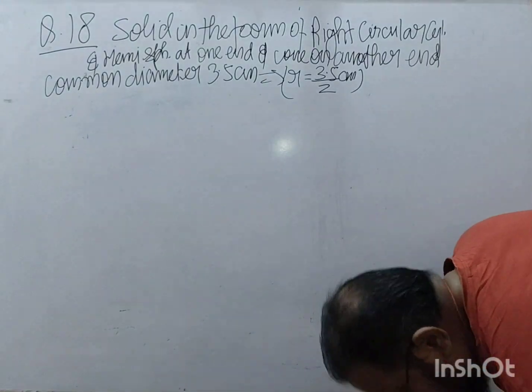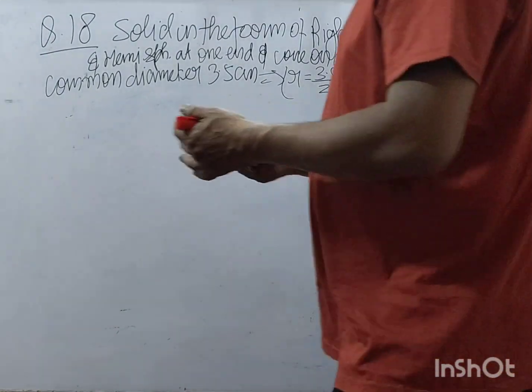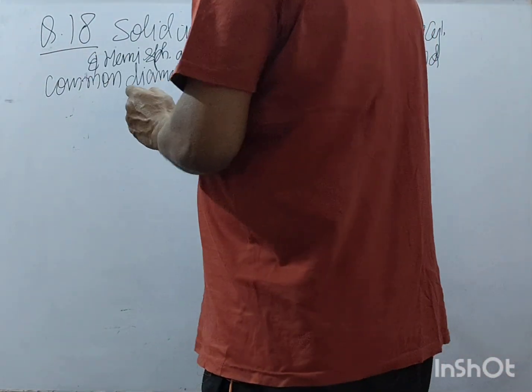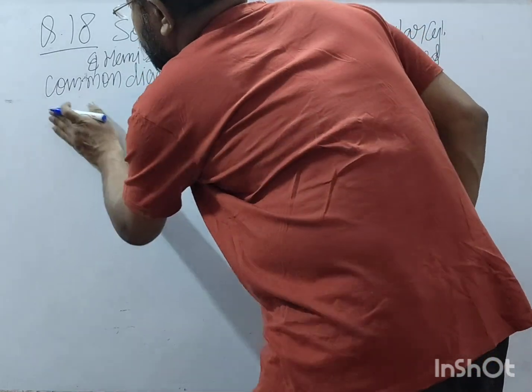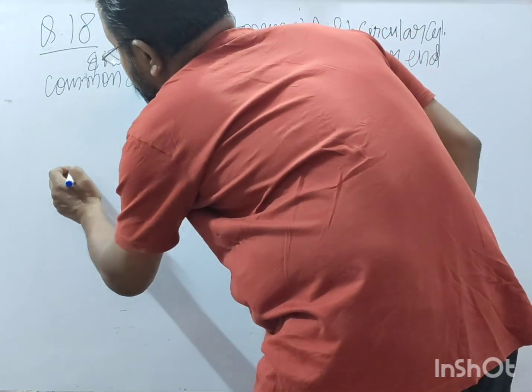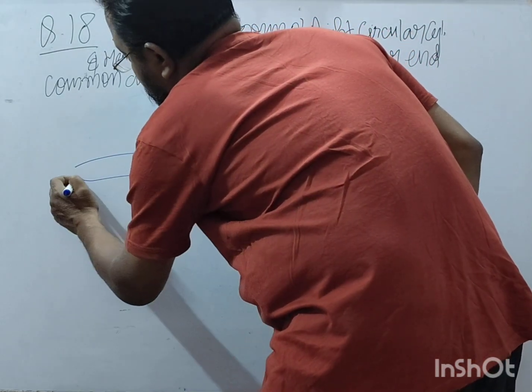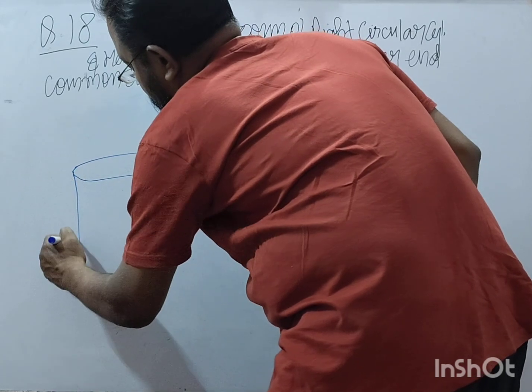So we do the same way, the same process again. We have a right circular cylinder.